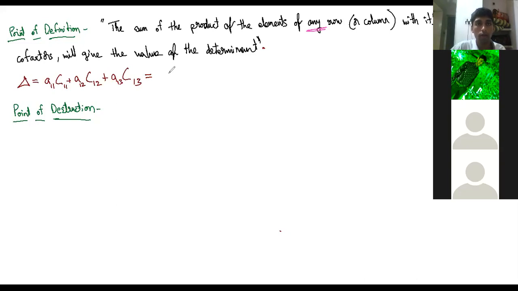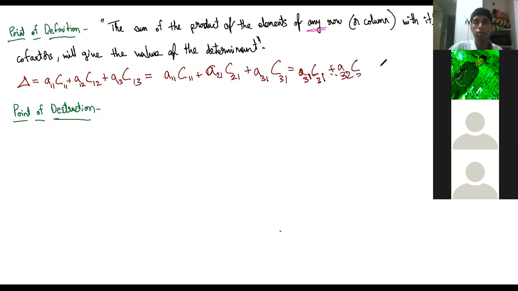If you go down, you'll get A11 C11 plus A21 C21 plus A31 C31, and so on. Or if you want, you can write more, for example A31 C31 plus A32 C32 plus A33 C33. Okay, even though I just wrote it like this, I hope all of you are understanding.